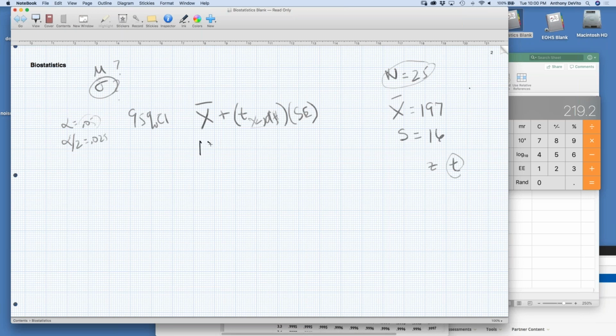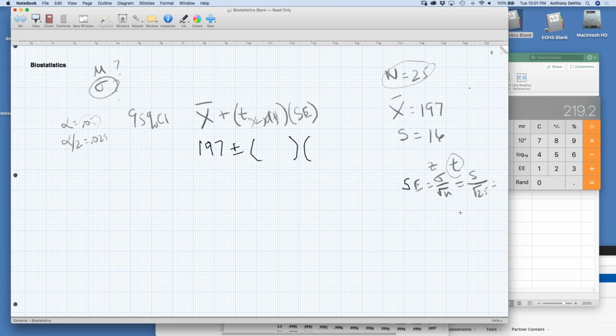Okay, so let's see what this is going to be in this case. X bar is going to be 197 plus or minus the T value, which I'm going to look up, times our standard error. And what's our standard error going to be equal to? Our standard error is equal to sigma over the square root of n. We don't know what sigma is, so we're going to use our best estimate of it, which is our standard deviation for a sample, over the square root of the sample size, which is 25.